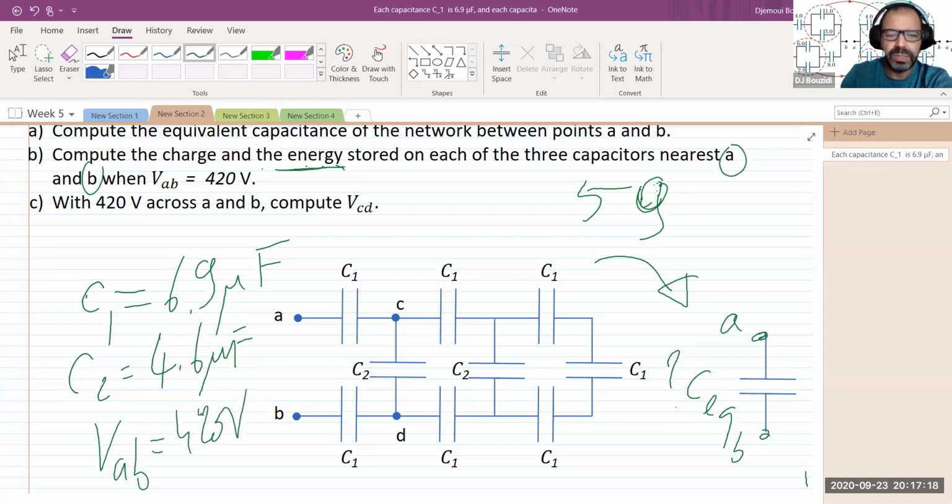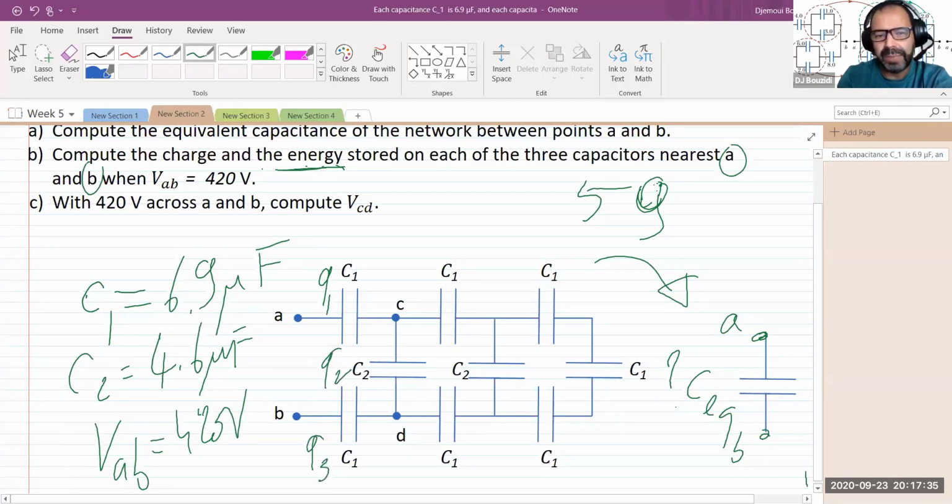That's given to us. They want the three capacitors immediately next to it. This one is closer and this one is further. So they want the charge Q1 in here. They want the charge Q2 in here. And they want the charge Q3 in here. So I labeled them as 1 and 2 and 3.